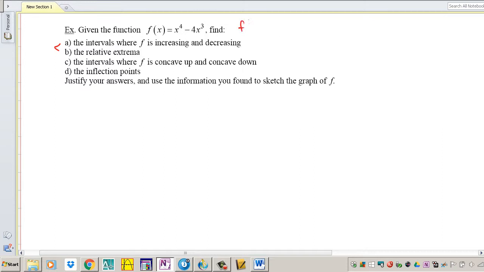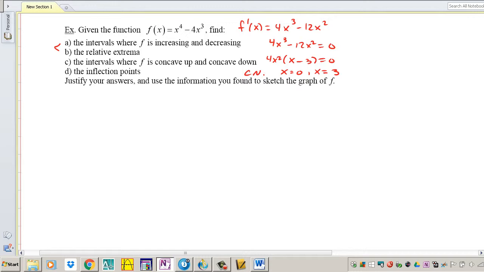So first find my derivative, and that is 4x to the third minus 12x squared. Set the derivative equal to 0, and I should factor and solve. And I get x is equal to 0 and x is equal to 3, and those are my critical numbers.